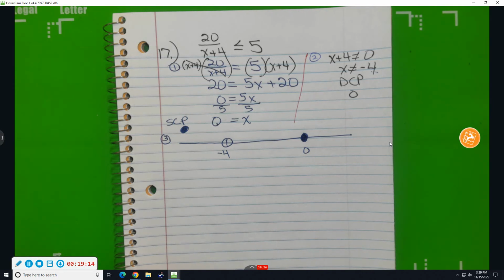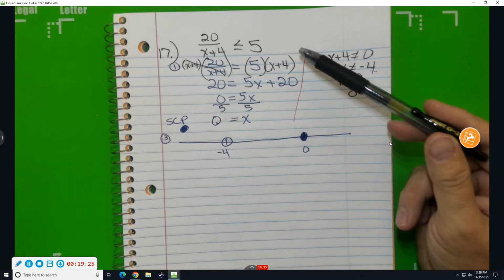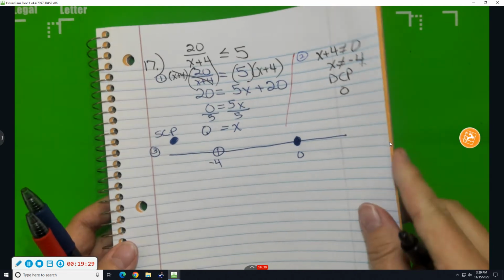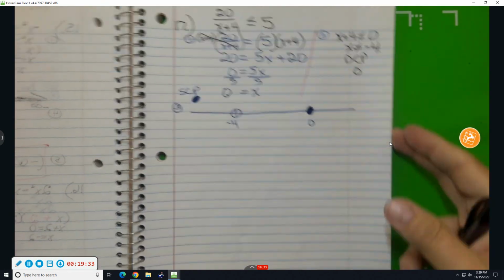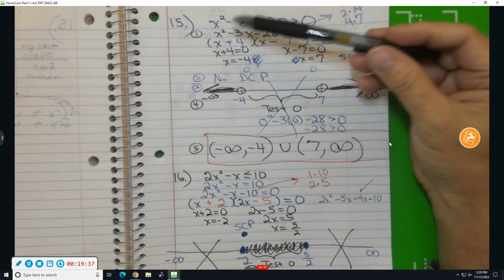Are we going to have to check every interval, or can we just check one and assume an alternating pattern? Look at, did we even have to factor in this thing? There were no squares. When you're factoring, you have exponents.